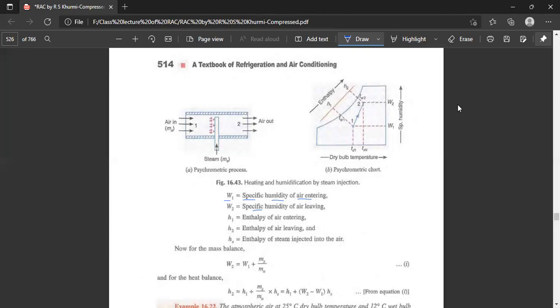H1 is the enthalpy or heat content of the air entering, and H2 is the enthalpy or heat content of the air leaving.